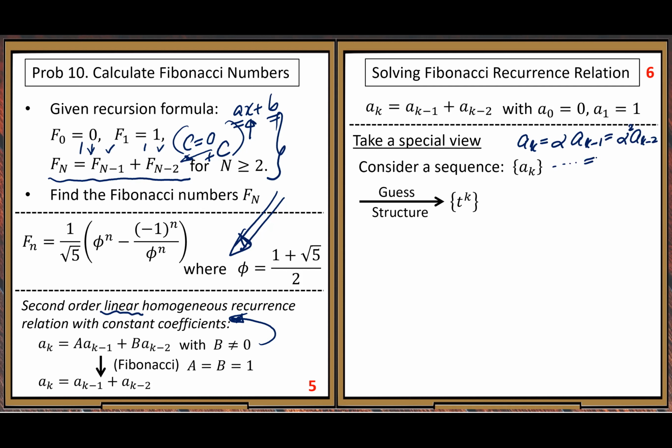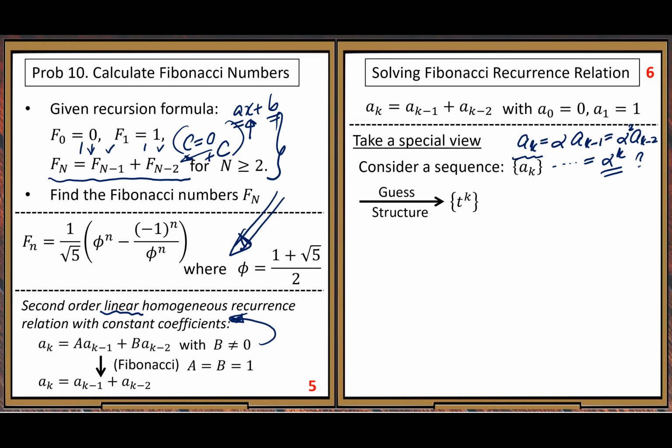At the end, you get alpha to the k. Assume a_0 equals 1. At the end, a_k equals alpha to the kth power. Look at that. What is this structure? A power function, right?